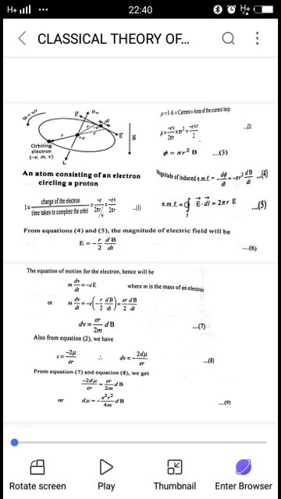When a magnetic field of induction B is applied normal to the plane of the orbit as shown in the figure, the magnetic flux in the circuit is given by equation number 3, that is phi equal to pi r square B. As the magnetic field is applied in the perpendicular direction, normal to the plane of the orbit, it is area times magnetic field induction, where pi r square is the area associated with that orbit and B is the magnetic field induction.